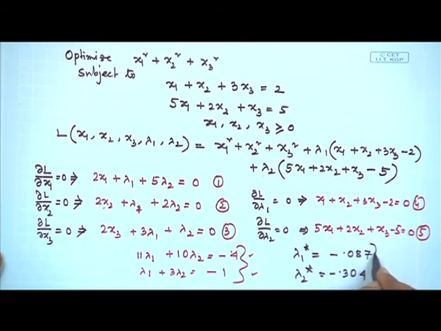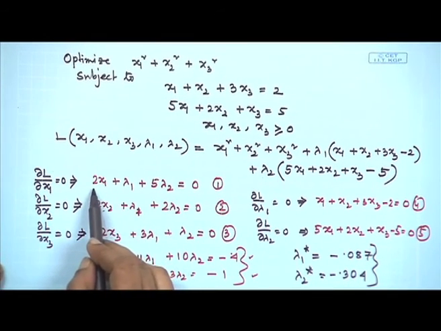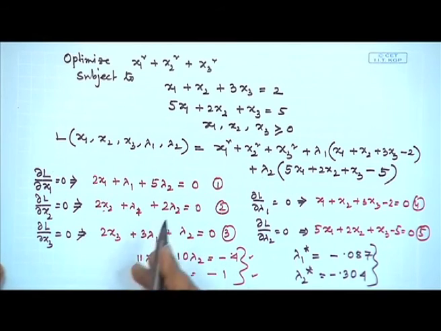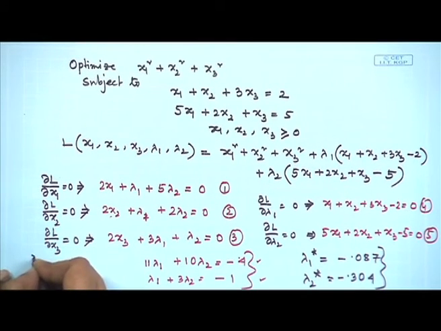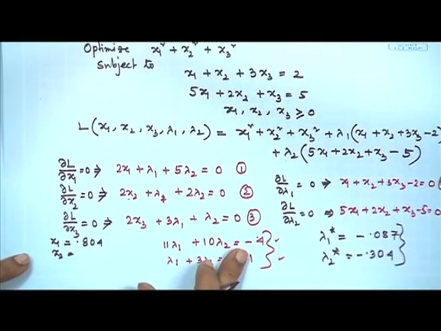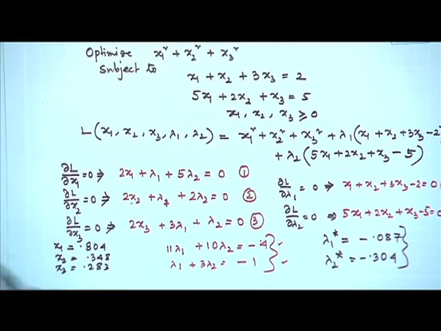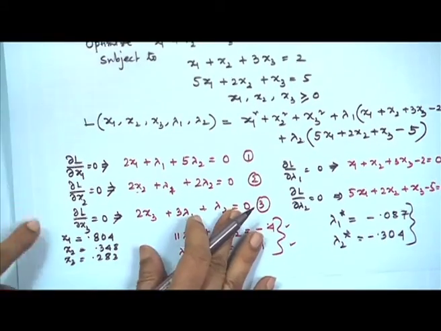Once we know lambda 1 star and lambda 2 star, if we substitute them in equation 1, we get x1 equal to 0.804, x2 equal to 0.348, and x3 equal to 0.283. This is the candidate solution for the original problem.